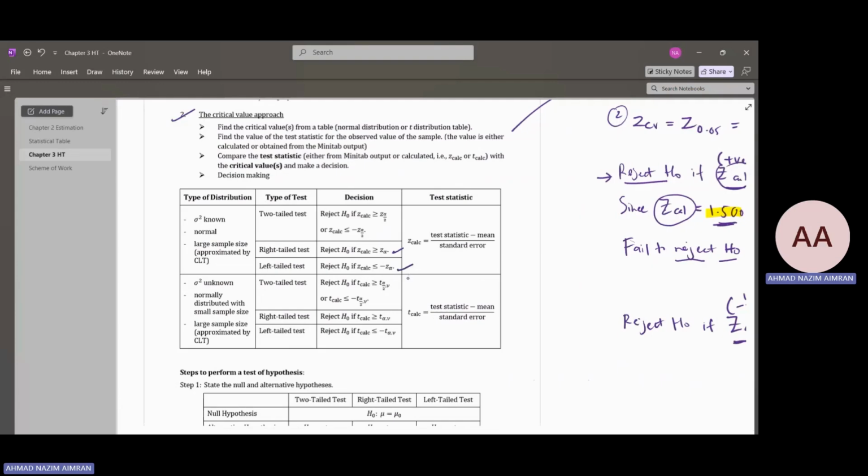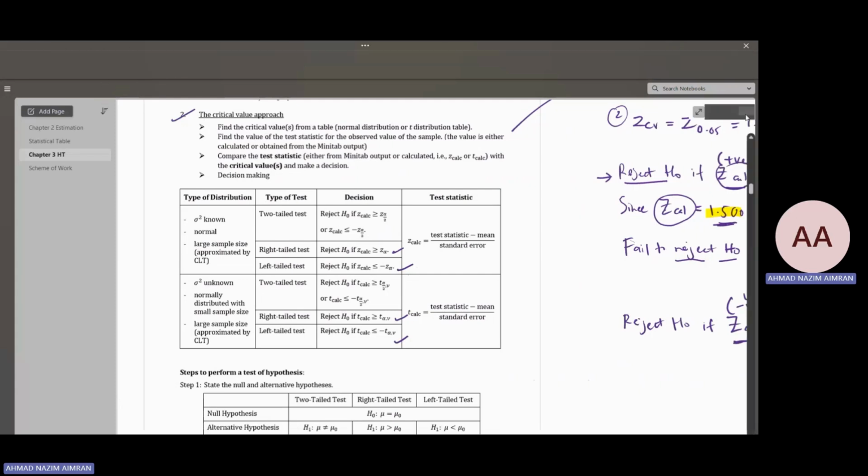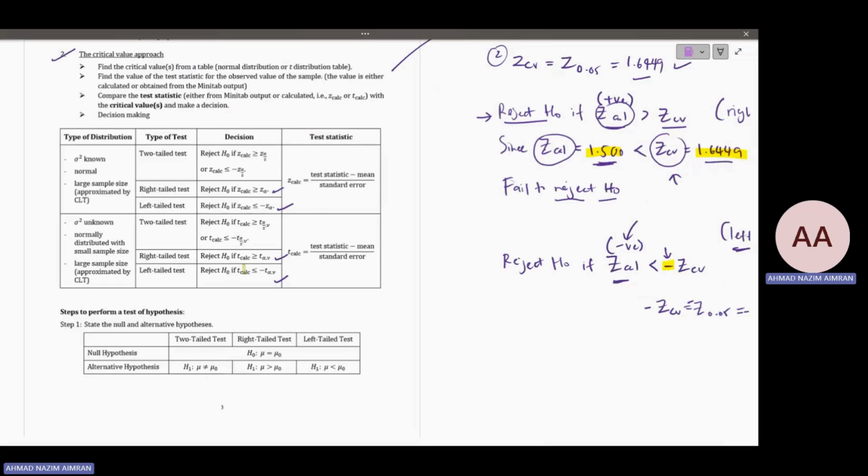And you can apply the same thing for the T calculated. It is just that if you calculate the T value instead of the Z value, you need to compare the value with the T critical value. This is the T critical value. This is the Z critical value.